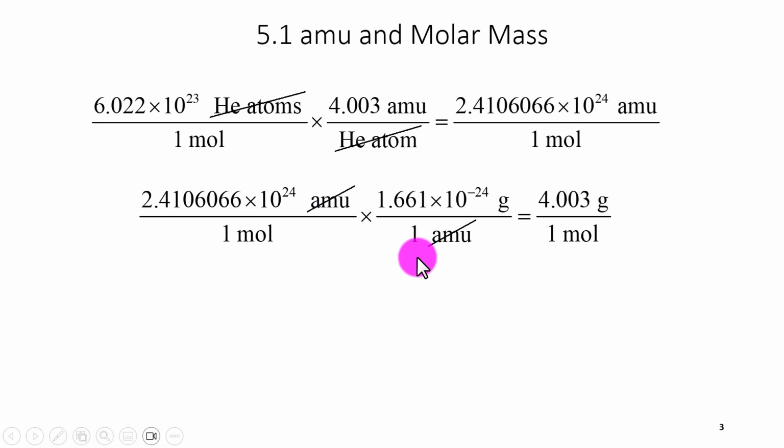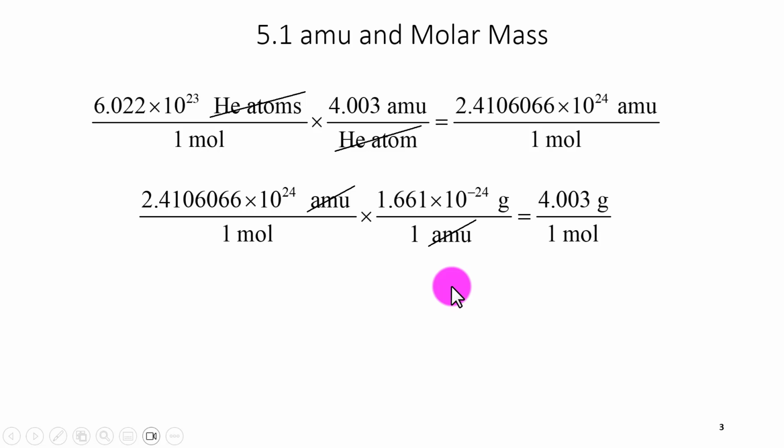So my AMUs will cancel, leaving me with grams per mole. And I get 4.003 grams per mole. Just like I have 4.003 AMUs per atom, I also get 4.003 grams per mole. And this is where it comes from. This is that particular calculation here.